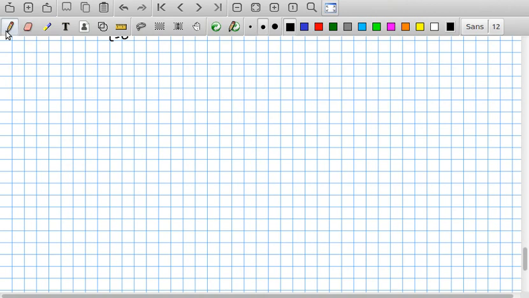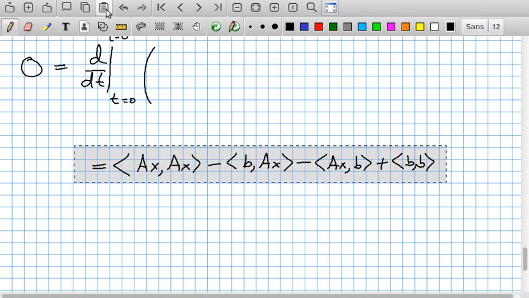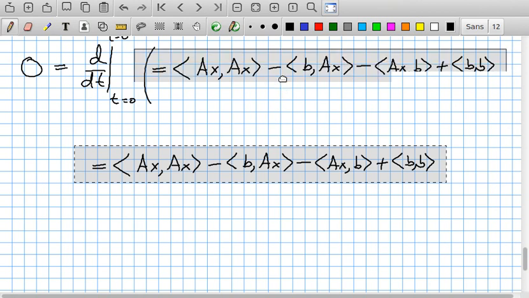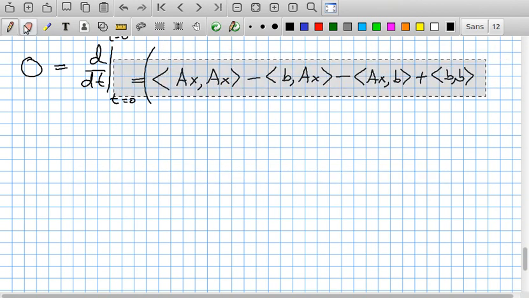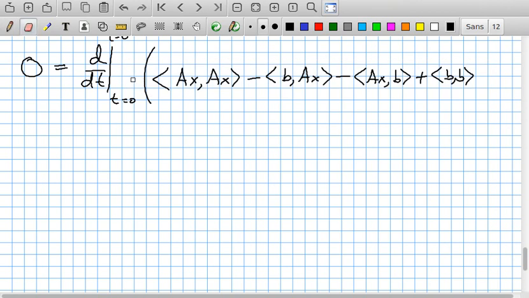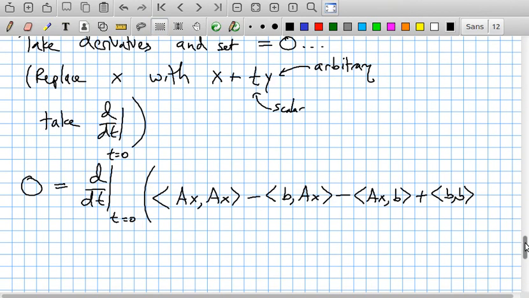We want 0 equal to d by dt at t equals 0 of, okay, now I'm going to paste and modify. Wherever I see an x, I'm going to be calling it x plus ty.